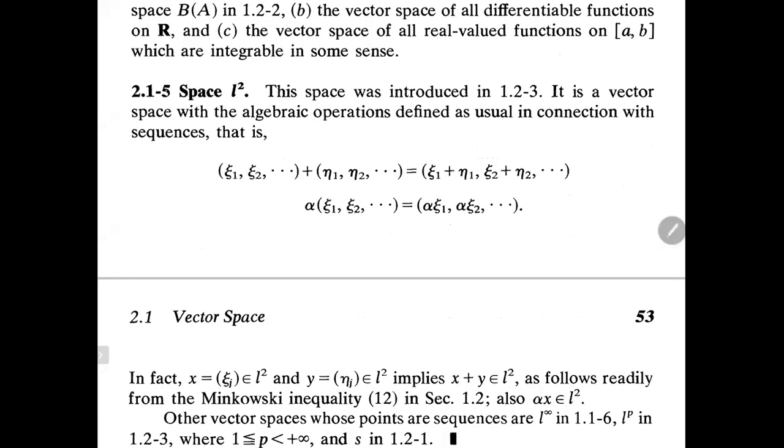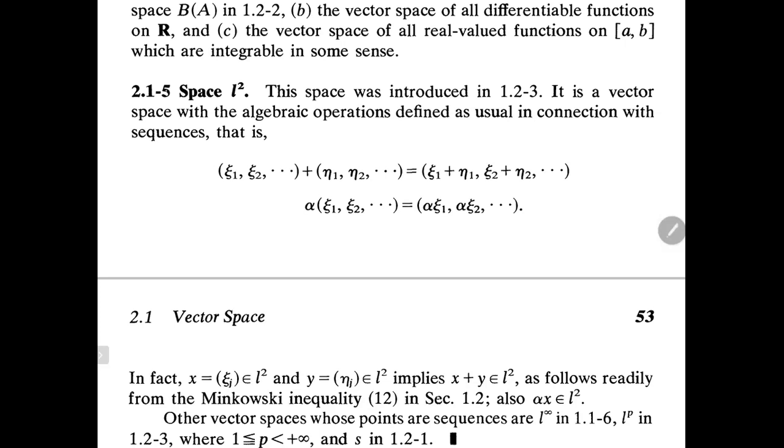And then we have L2. You are familiar with L2 sequence spaces. So you can add two sequences by adding the corresponding terms of the sequence. So if you have a sequence xi1, xi2 up to so on, eta1, eta2 up to so on, the sum will be xi1 plus eta1 up to so on. Similarly, scalar multiplication.